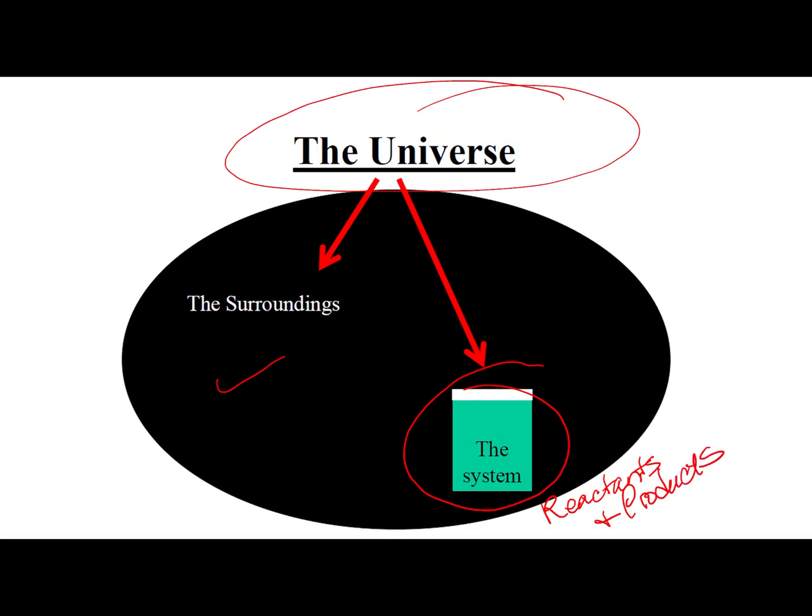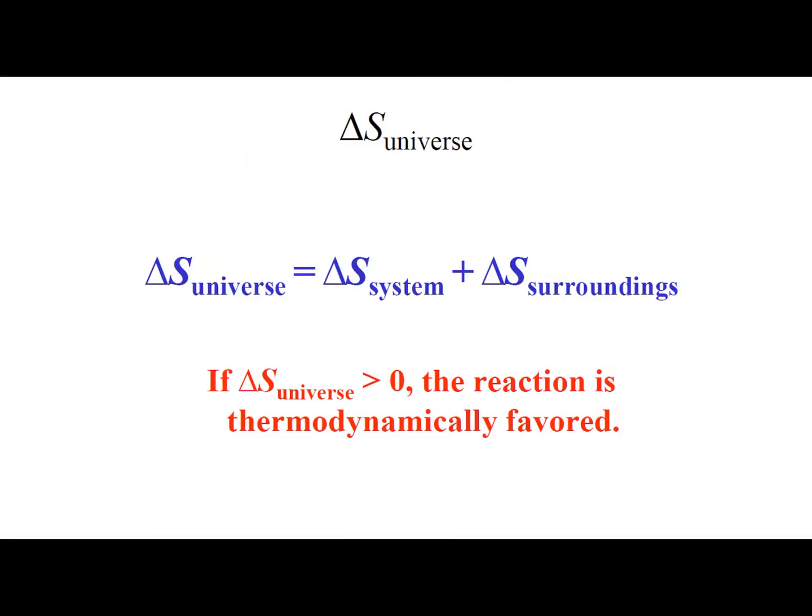The surroundings are going to be anything outside of the chemical reaction, the beaker, any water in the beaker itself, everything outside the beaker, everything in the room. And then the universe will consist of both the system and the surroundings. So when we're trying to figure out if a reaction occurs, we have to look at what's going on in the system, we have to look at what's going on in the surroundings and then collectively what's happening in the universe.